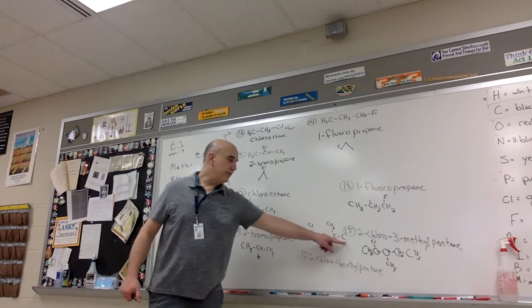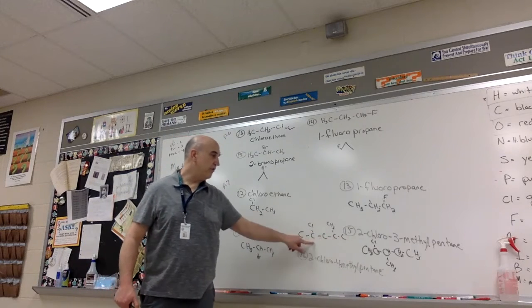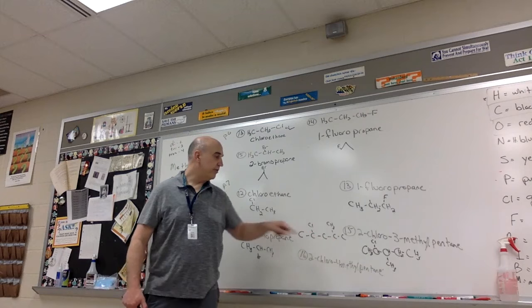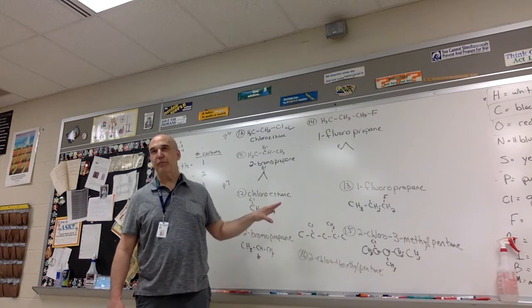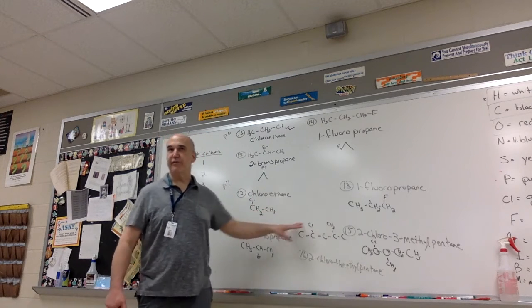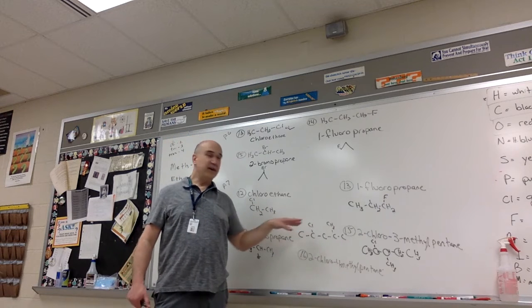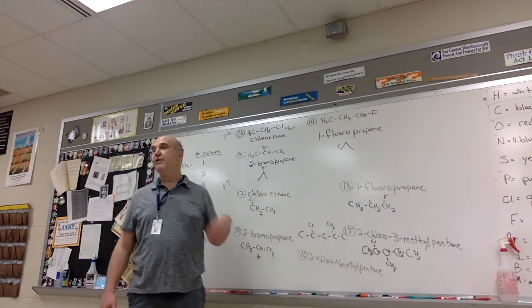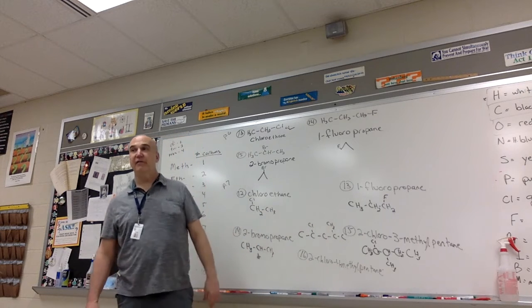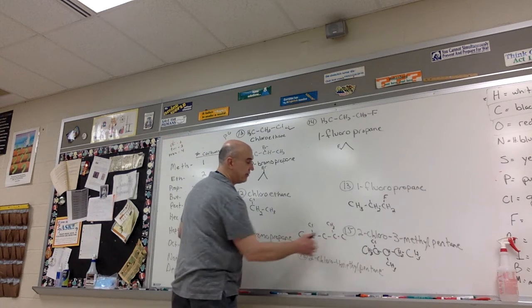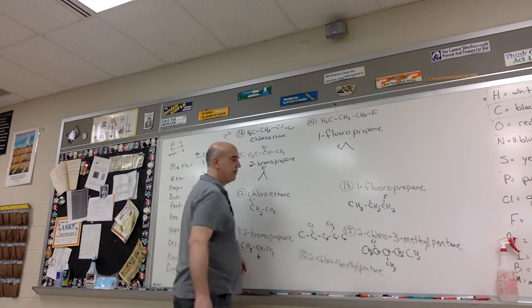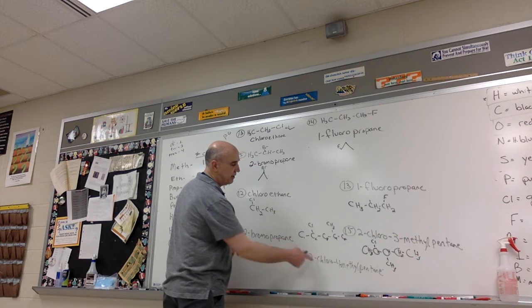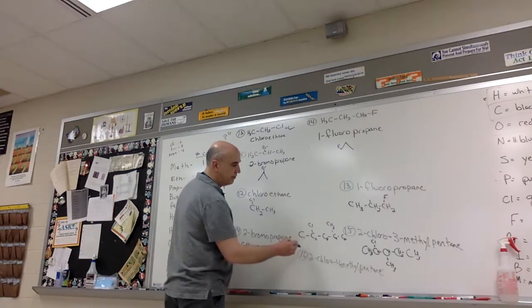But you can see, if we numbered it this way, it would have been 2, 4 the other way, right? 2-methyl-4-chloro. But the halogens take precedence in the numbering. So even though it's off the 2nd and 4th carbon in either direction, you want the halogen to have the lowest possible number. So we have to go left. So that's where the 2-chloro comes from.